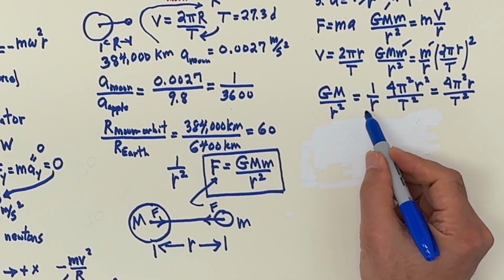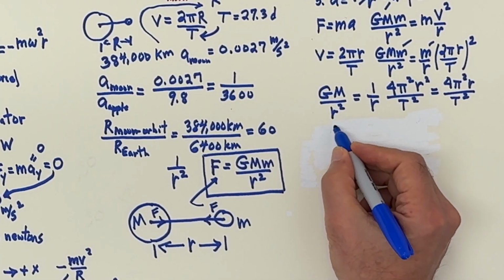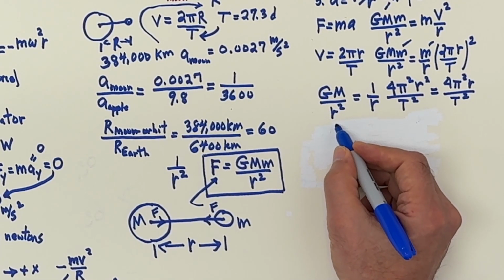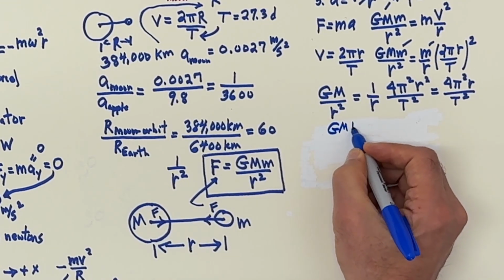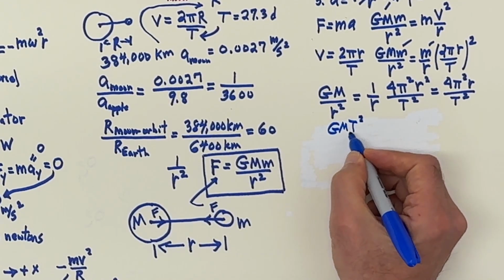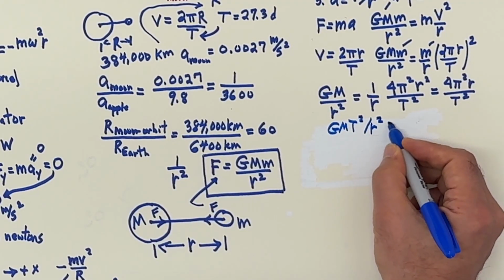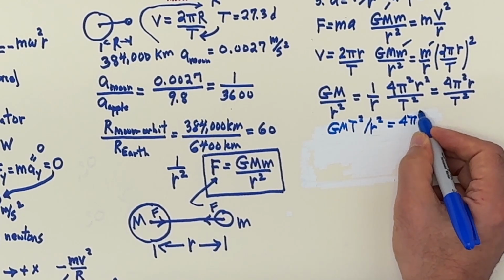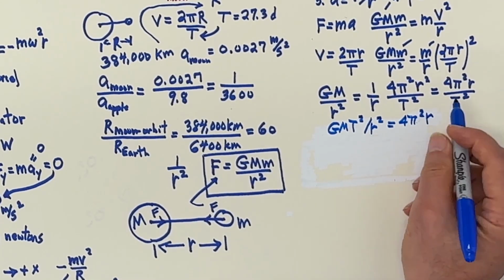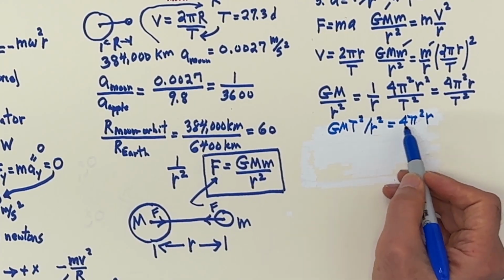So now we're going to multiply by T squared, and we're going to find G M T squared over r squared is equal to 4 pi squared r. And now look at this. We're getting closer.